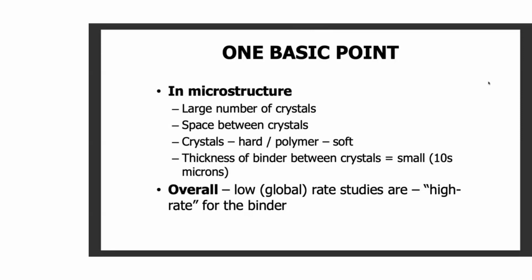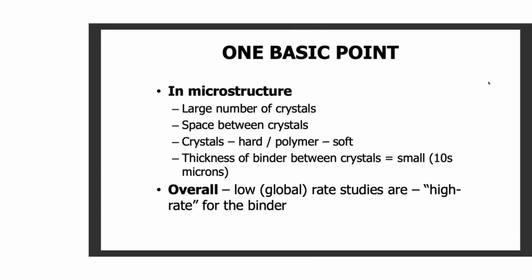The explosive crystals will have a very small strain, but nothing like that of the polymers. We're dealing with a difference in strength here of around about 100 to 1,000 times. So the polymer is the thing that gets crushed, and if there are thin layers of polymer accommodating that strain, we will get a very high strain rate locally in those binder layers.